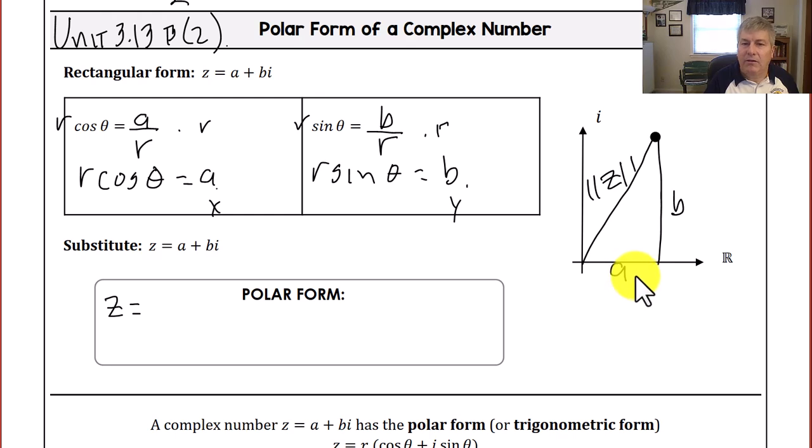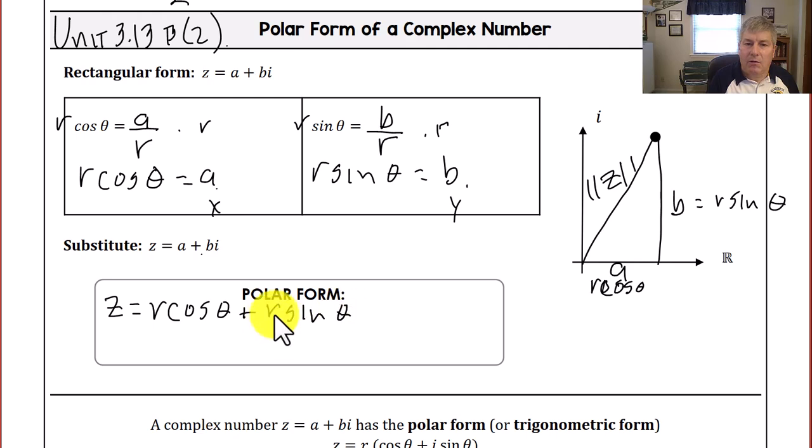If a is equal to r cosine of theta, and b is equal to r sine of theta, we can say that z, or a plus bi, is equal to r cosine of theta plus r i sine of theta.